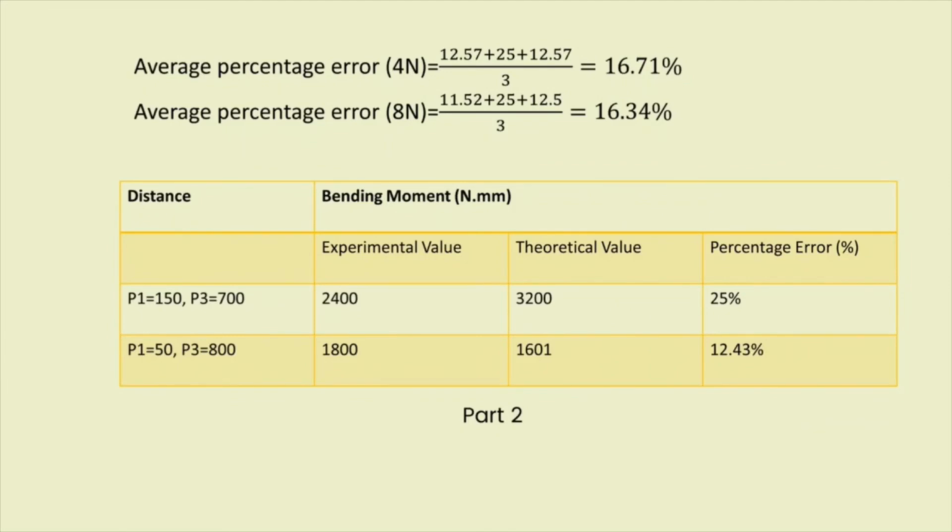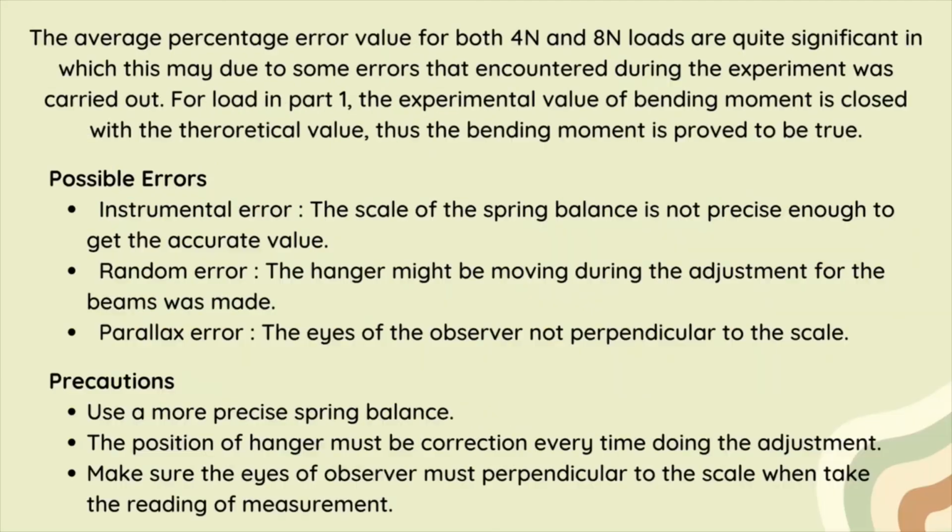So the table is for part 2. There is a different distance. For distance P1 equal to 150 and P3 equal to 700, the percentage error is 25%, while at P1 equal to 50 and P3 equal to 800, the percentage error that we got is 12.43%.